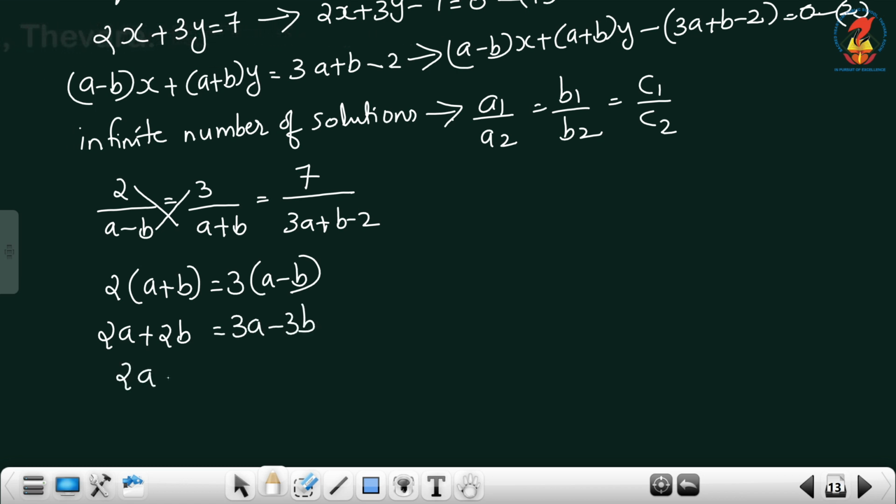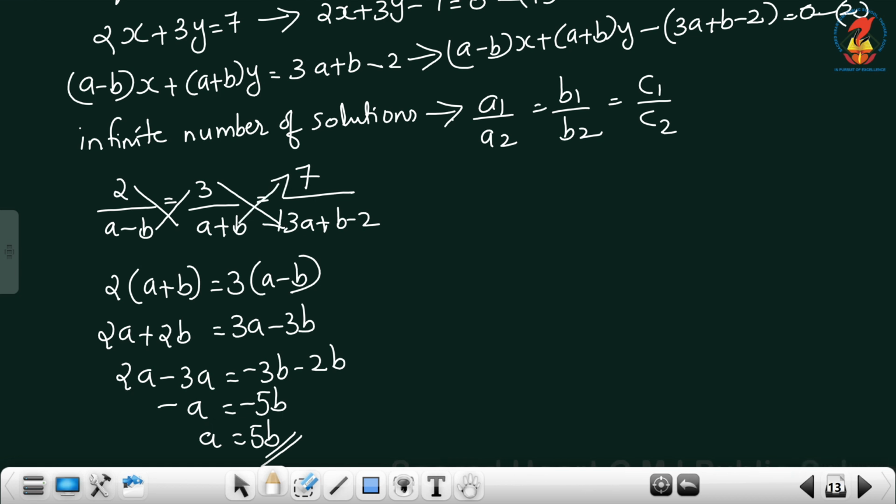Here 2A minus 3A equal to minus 3B minus 2B. Minus A equal to minus 5B. A equal to 5B. Okay. Next cross multiply these two.